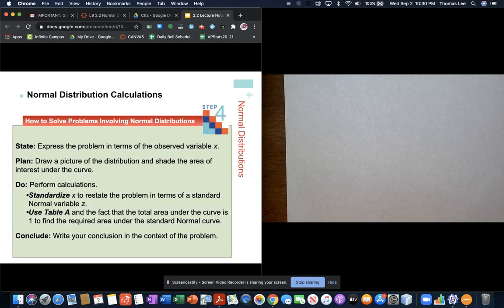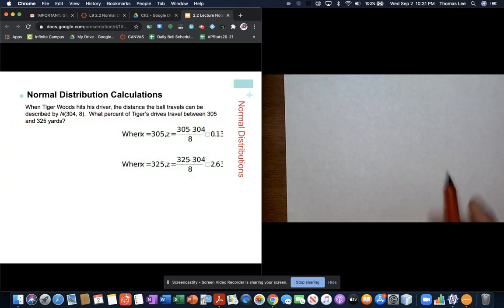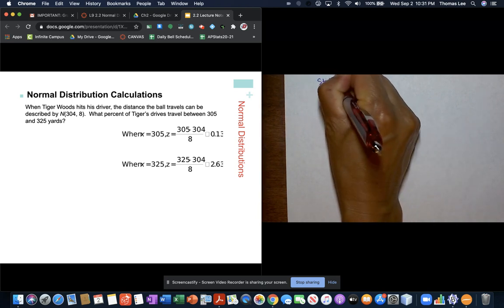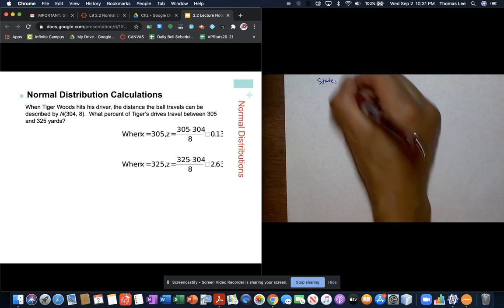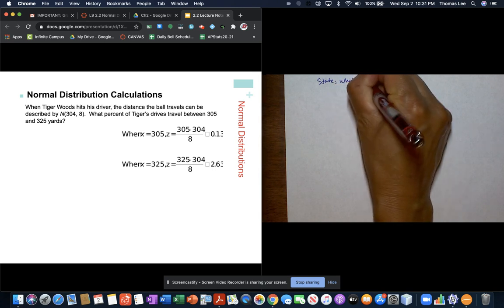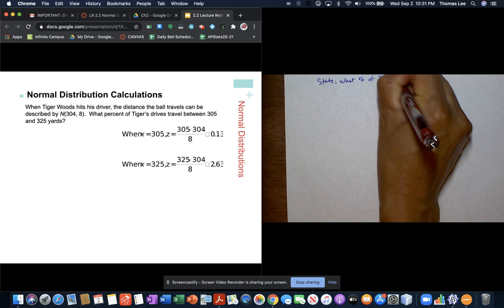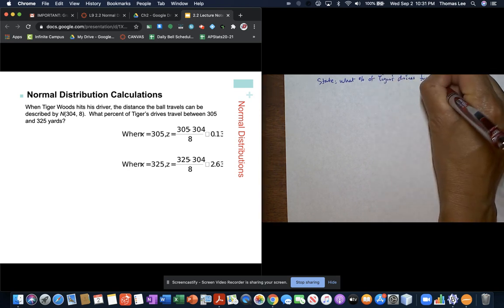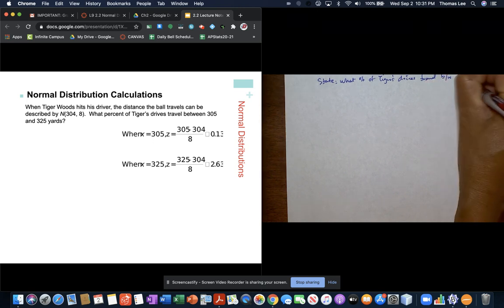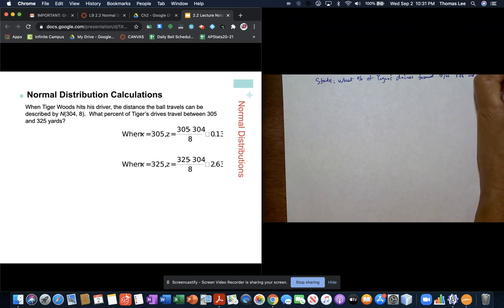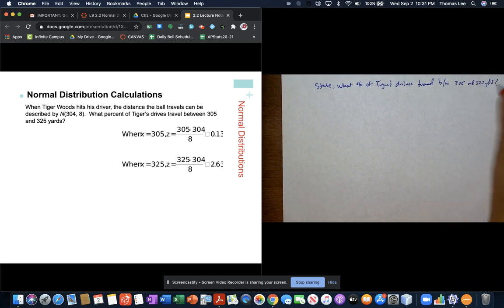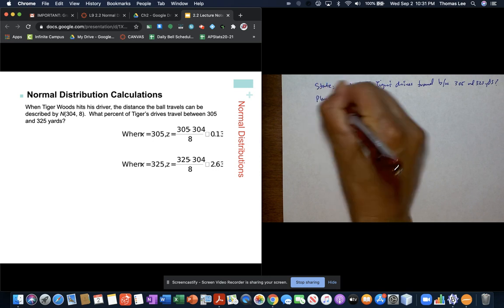Plan: draw a picture of the distribution and shade the area of interest under the curve. So here's state, and here's plan.